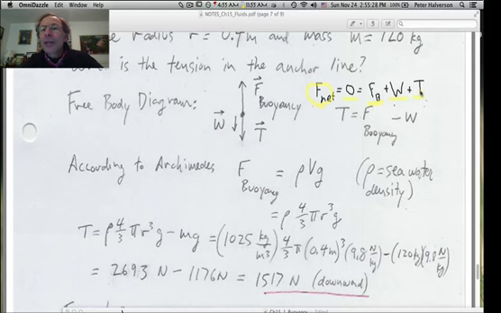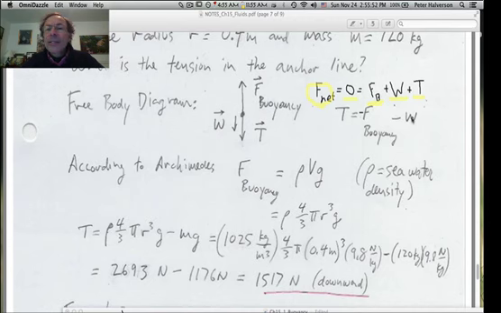Okay, I'm going to subtract F sub B and W from both sides, and I'm going to have the tension equal to minus the buoyancy force minus the weight.